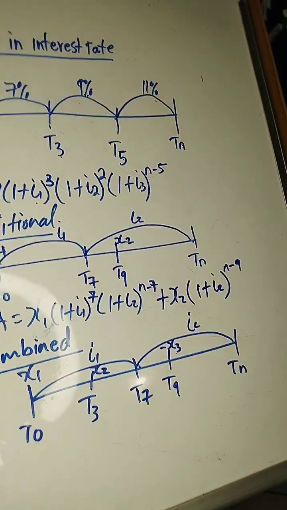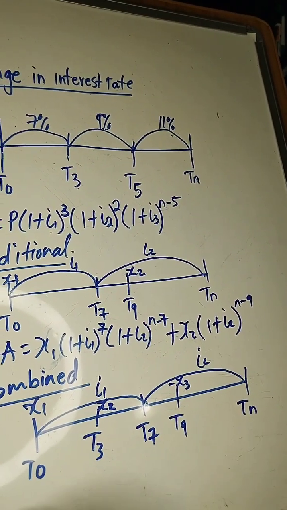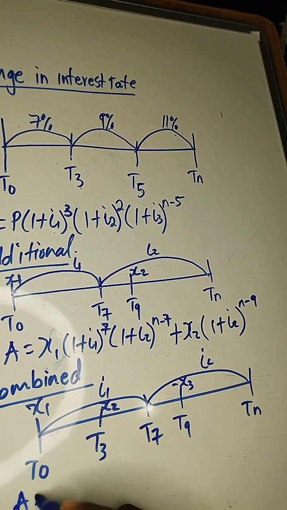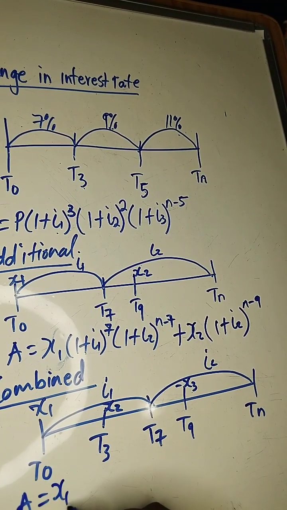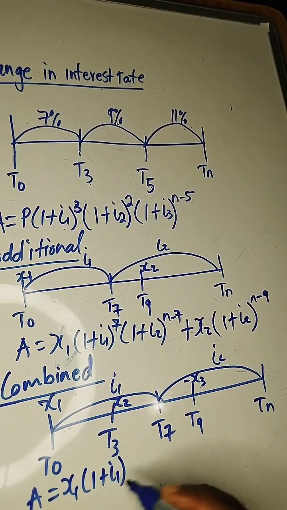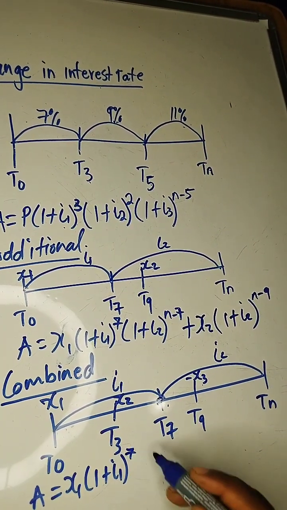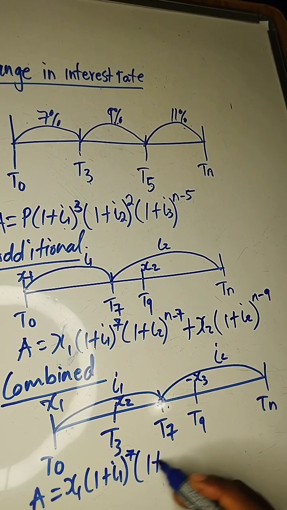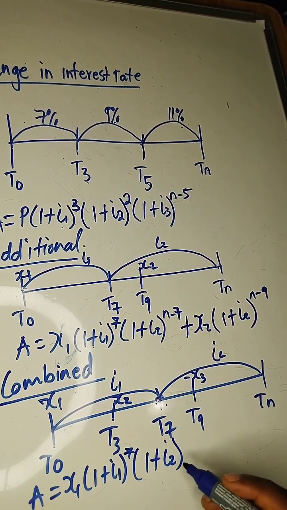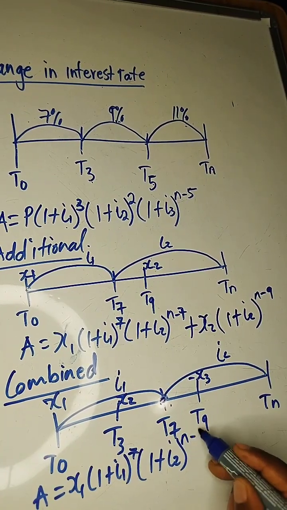How do I deal with this? It's such a confusing one. We say A is equal to X1 into 1 plus I1 going straight to 7, into 1 plus I2 going straight to n. So that means it is n minus 7.